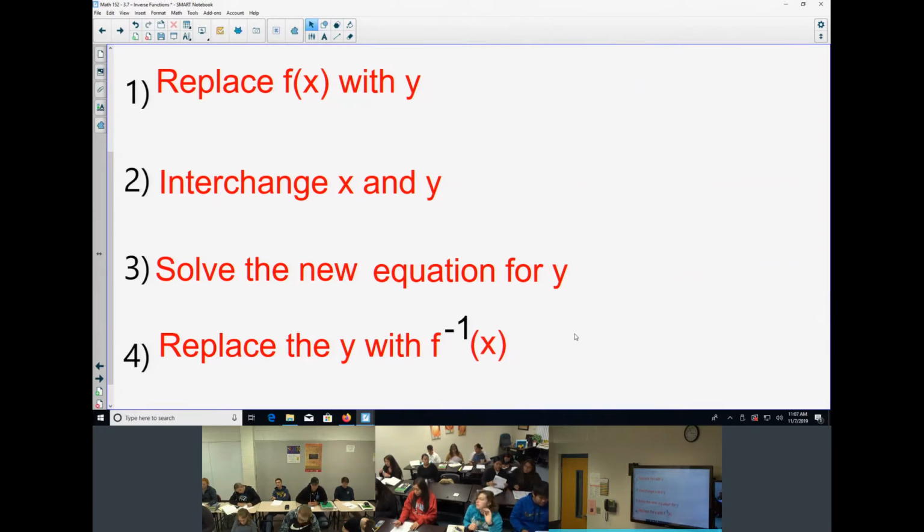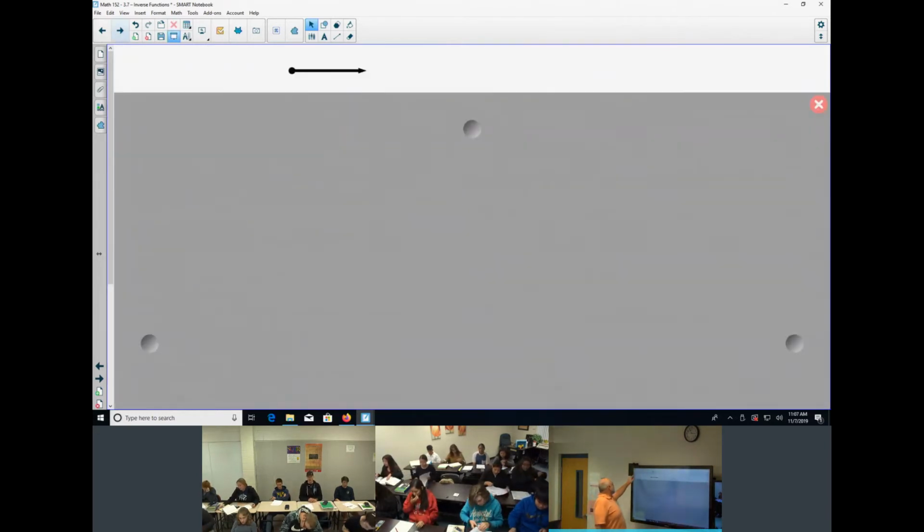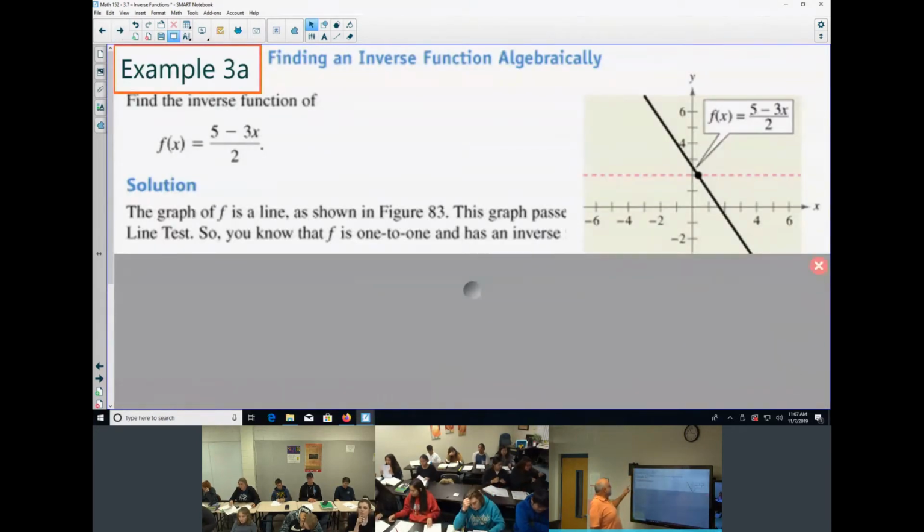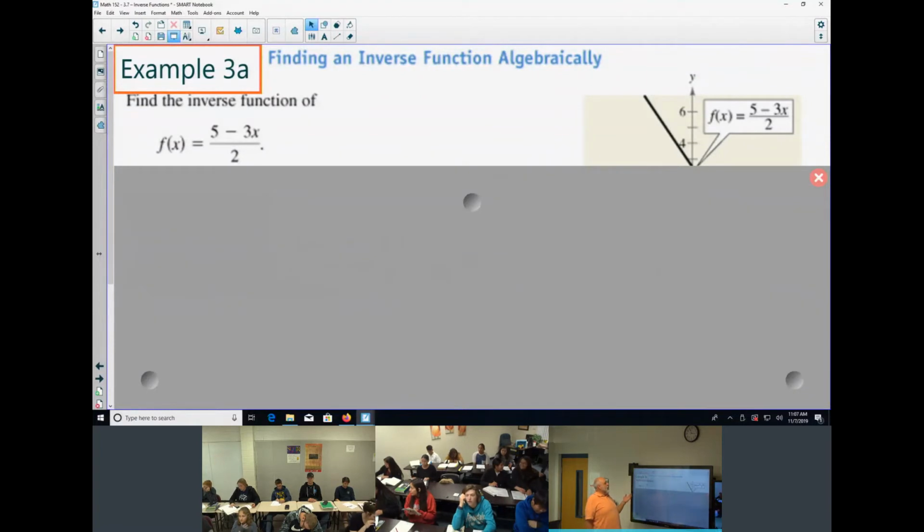Okay. All right. So let's go through an example. Let's say that we want to find the inverse function of f of x equals 5 minus 3x all divided by 2.